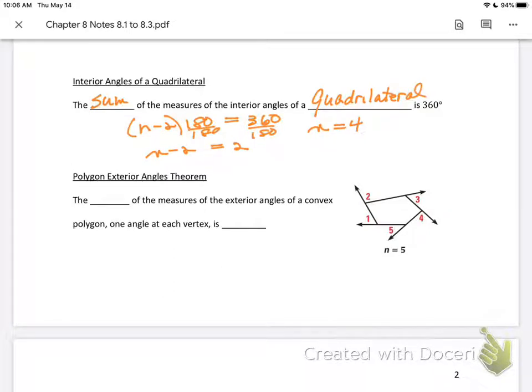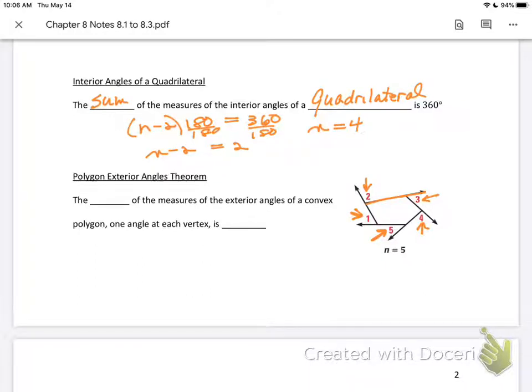Okay? All right, so that's interior. How about exterior? So what does exterior mean? Exterior means if you take a side and you extend it. So here's your side. Here's the extension. This is an exterior angle. You can do it with every single side. And see how you're going around in a circle? So you're going around in a circle. That's key.